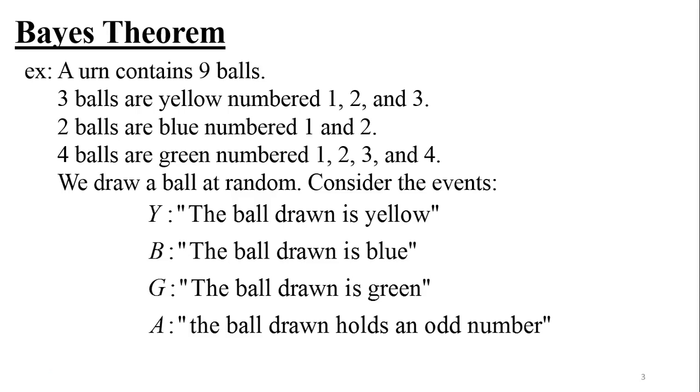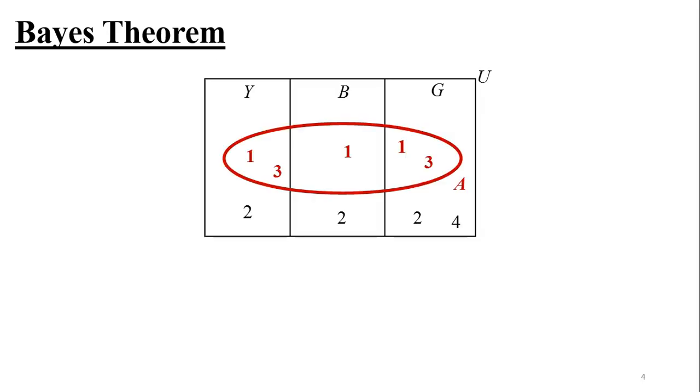We have Y, the event of the ball drawn being yellow, B, the event of the ball drawn being blue, G for the ball drawn being green, and we have another event A, which is the ball drawn holds an odd number. Now, if we were to represent this in a quick Venn diagram to actually see that Y, B, and G form a partition of the universe, since it's one of the possible partitions, in fact, and we will talk about this later.